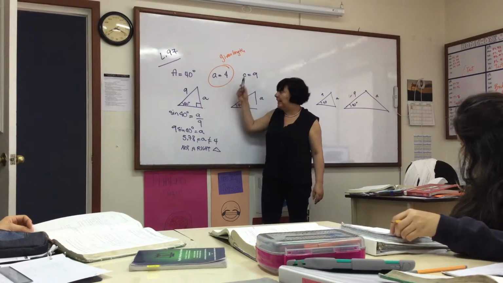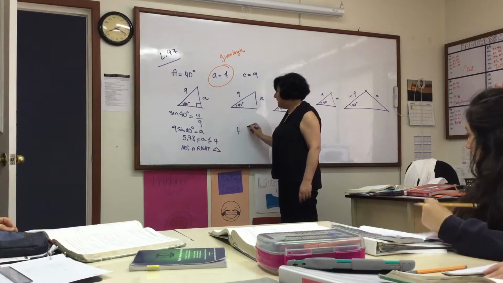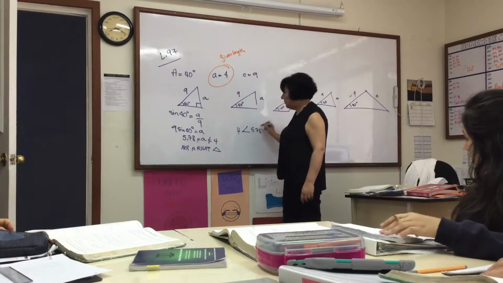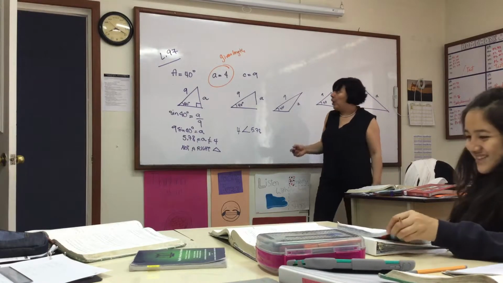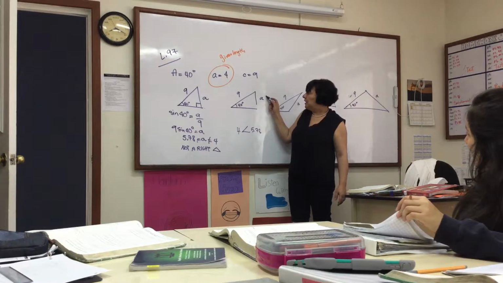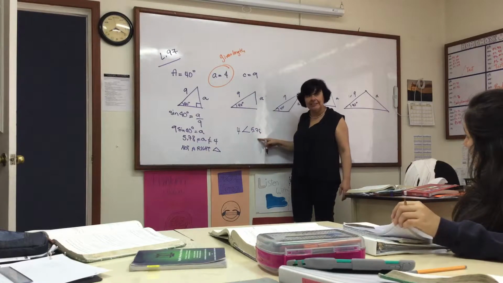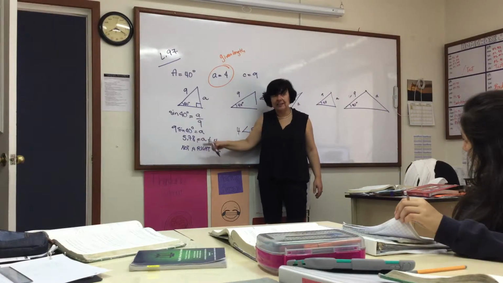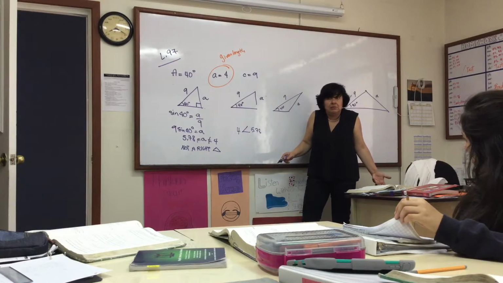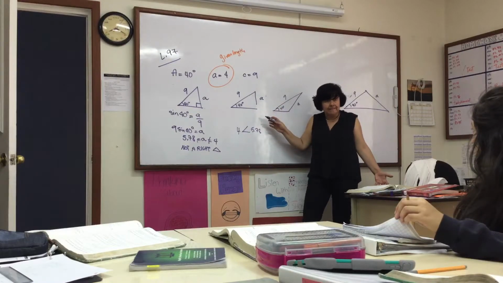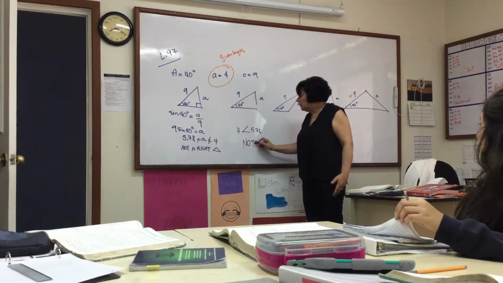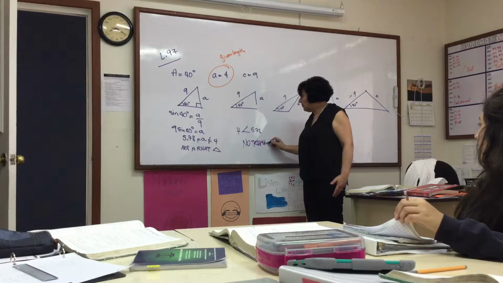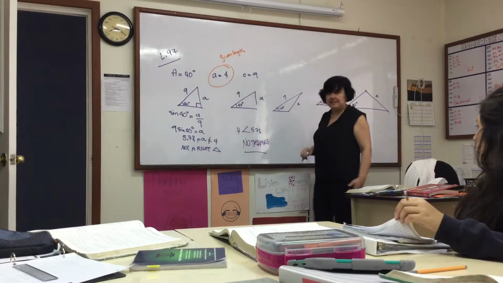Is 4, the given length, less than 5.78? It's less than. So in this case in particular, it's less than the necessary height, which would be 5.78. Therefore, we don't even have a triangle at all in this case. Do you see it? In this case, no triangle. Okay? If it's less than.